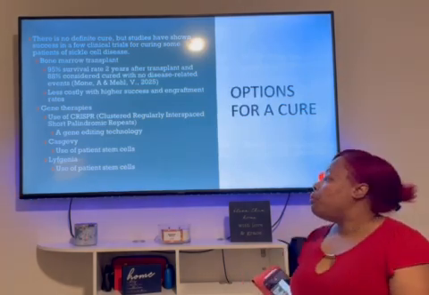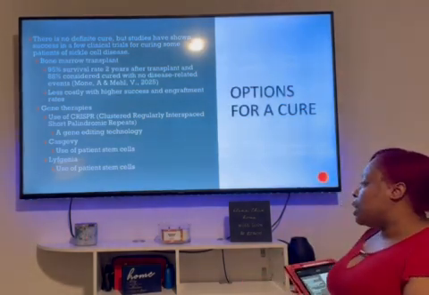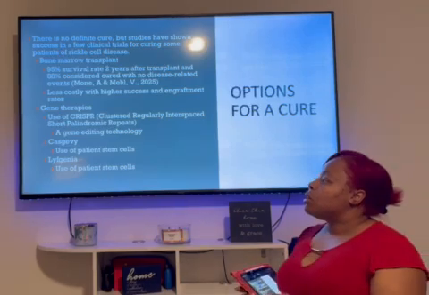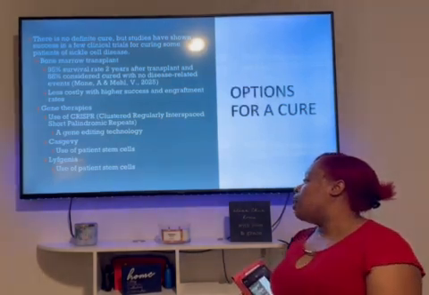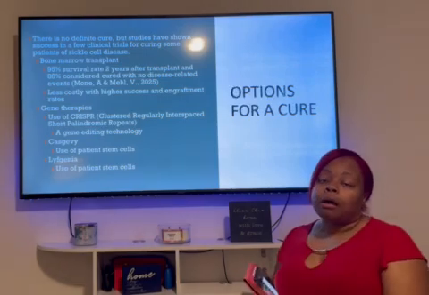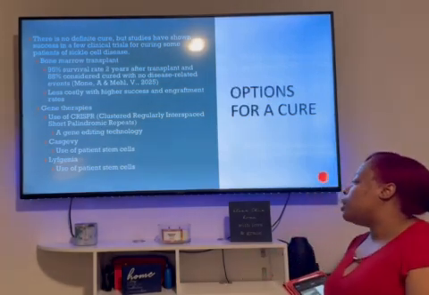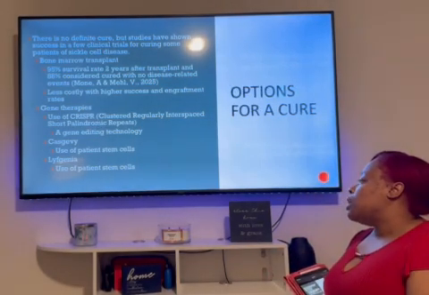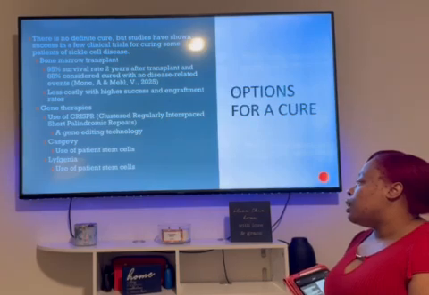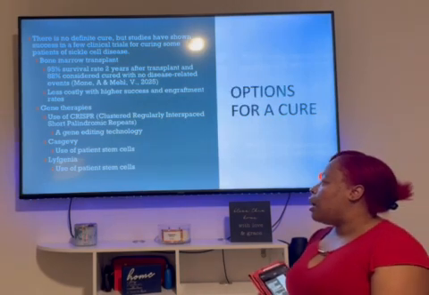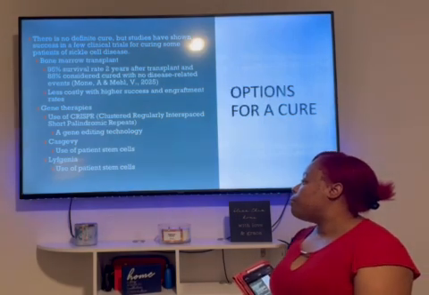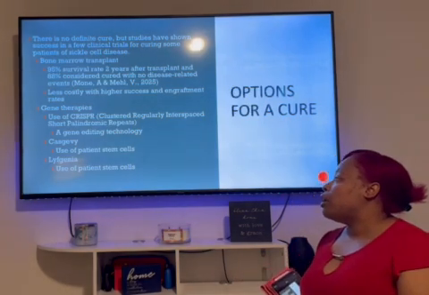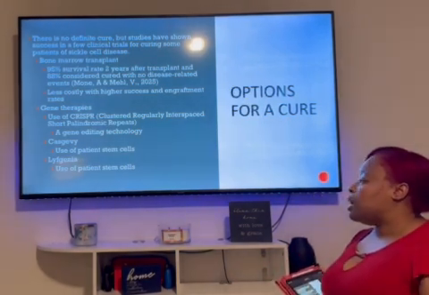The stem cells of the patient are taken from them. They undergo something like chemotherapy, and they have to have long hospital stays before they're able to get their gene edited stem cells back.